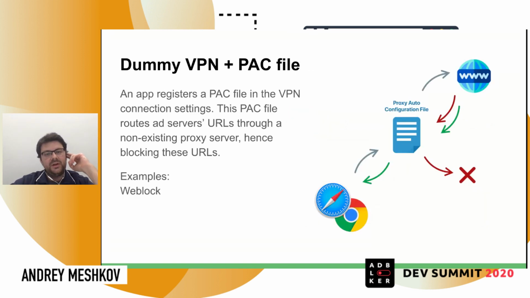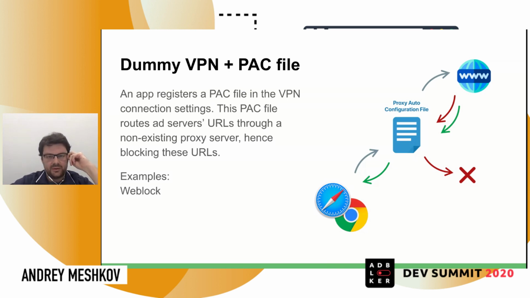The next technique is using a dummy VPN to set a PAC file, or proxy auto configuration file. A PAC file is basically a script written in a subset of JavaScript that answers a simple question: what proxy server needs to be used for a given URL?